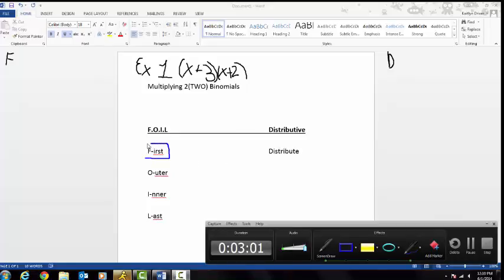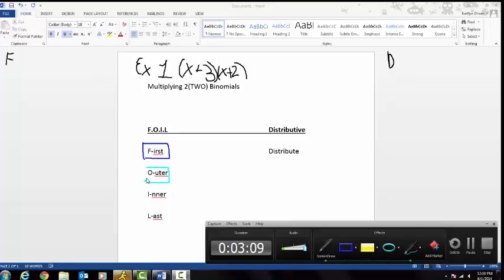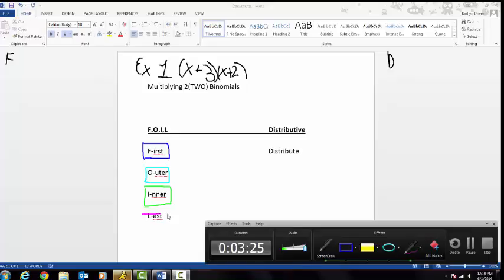So, first is going to be in blue. Outer is going to be in cyan. Inner is going to be in green. Last is going to be in magenta.